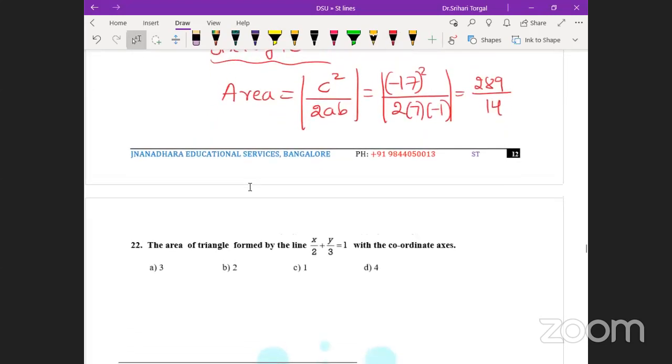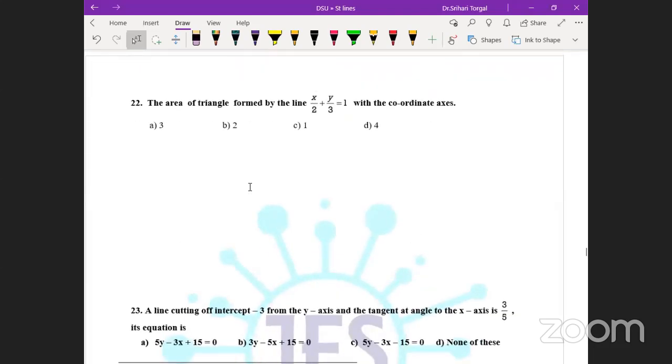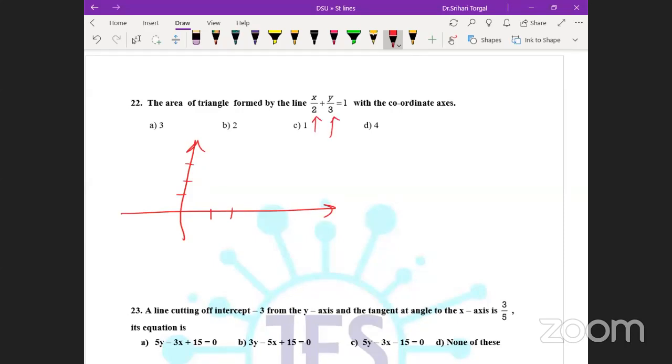Okay. Question number 22. If I write a line 1, 2, 1, 2, 3, x-intercept is 2, y-intercept is 3. See here, this is x-intercept and this is y-intercept.